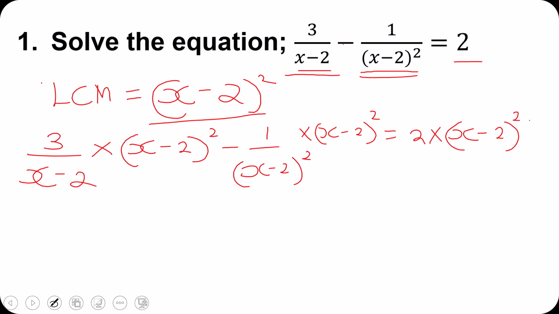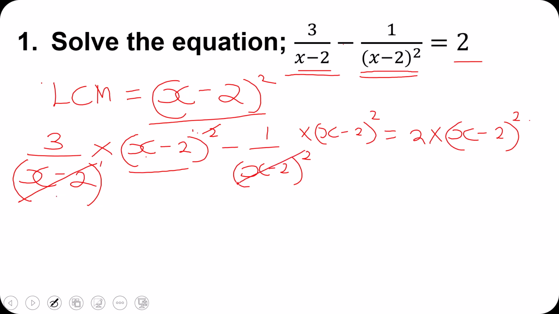You realize that when we do this, we shall have made the equation linear. It will no longer have fractions. Now what happens is this x minus 2 is to power 1, and this x minus 2 is to power 2. So 1 x minus 2 will go with 1 x minus 2, and we shall remain with x minus 2 but to power 1, because 1 up here has cancelled out with 1 down here.